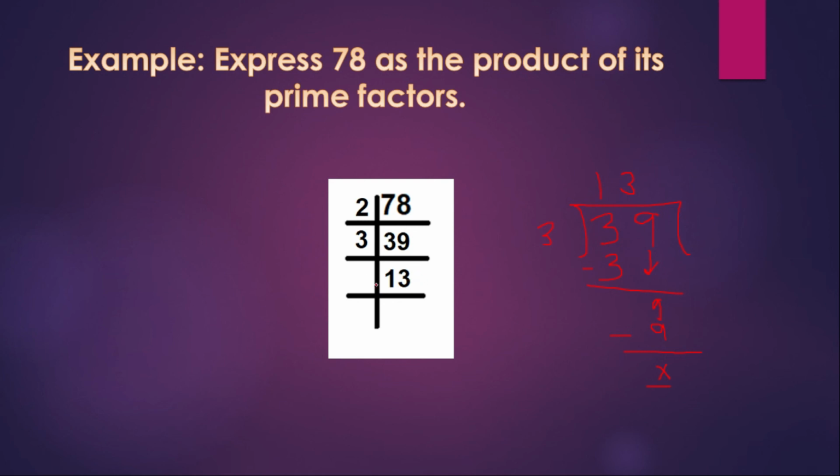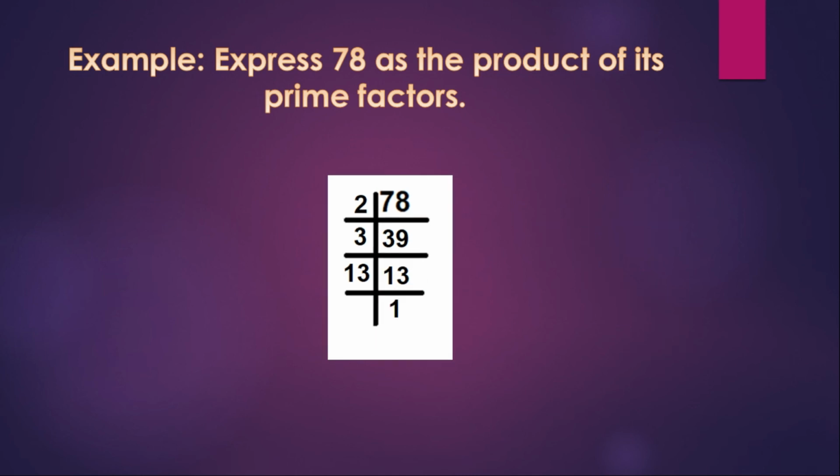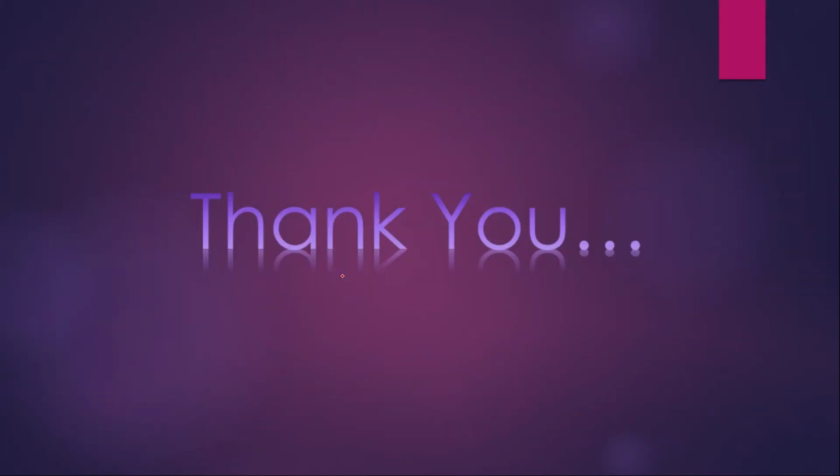So now as 13 is already a prime number, so we have to take 13 again. 13 ones are 13. Now it's turn to write down the prime factorization of this thing. So prime factorization of 78 is 2 multiplied by 3 multiplied by 13, as we can see on the left hand side. So children, this is how we have done the prime factorization using the division method.